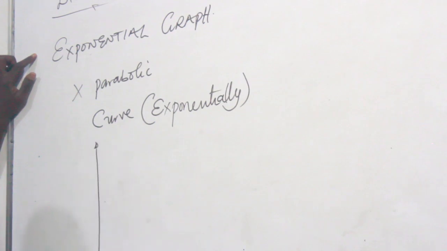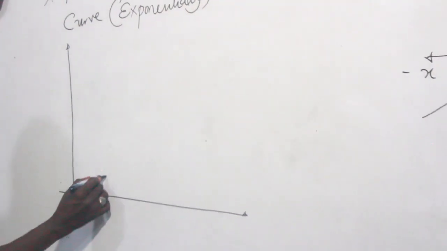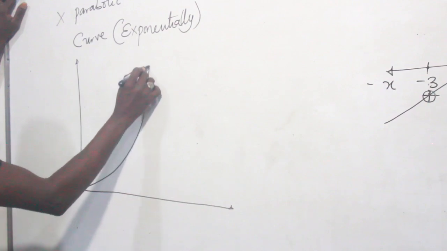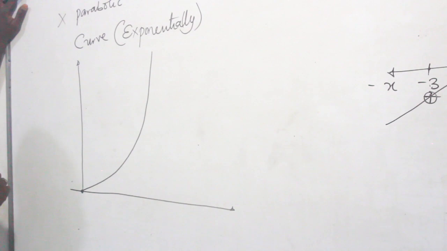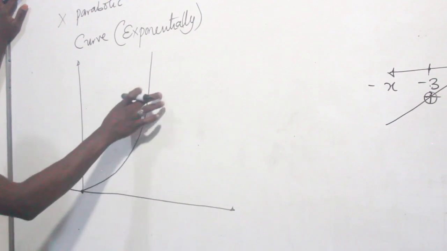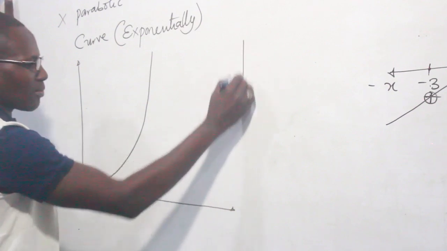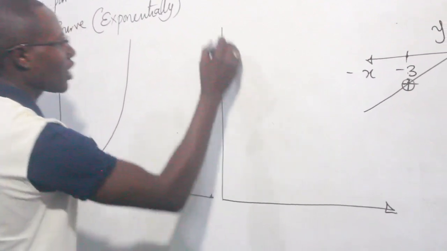It starts somewhere here and starts increasing exponentially. This is what we call an exponential graph. However, this graph is a little bit different from a quadratic graph, which looks like a parabola.